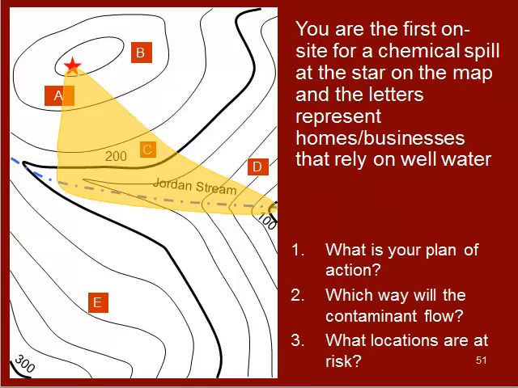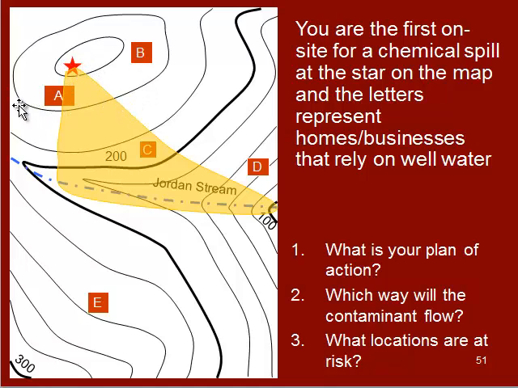Now, to talk about cleanup, what do you do? If this is a hypothetical situation, we've got different houses indicated by the letters, the stars, a chemical spill, and that spill is on the surface and it starts to seep into the ground. Here the water table is pretty close to the surface, and the groundwater will flow perpendicular to the surface topography.